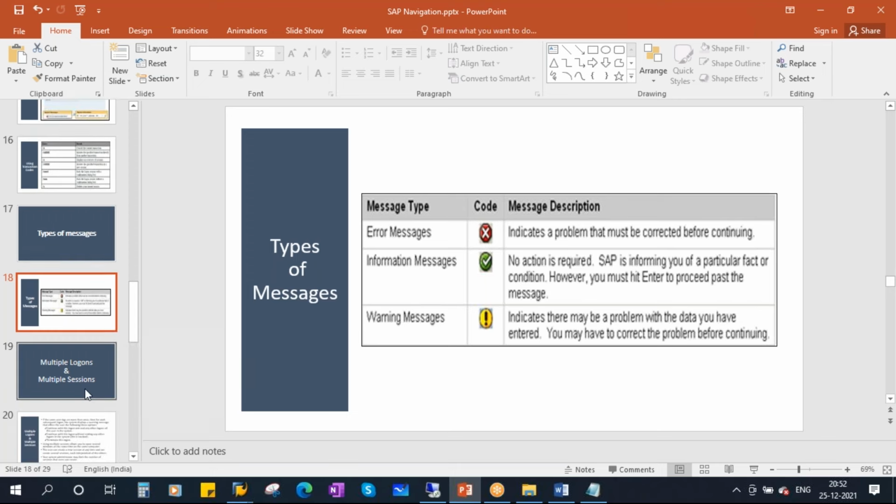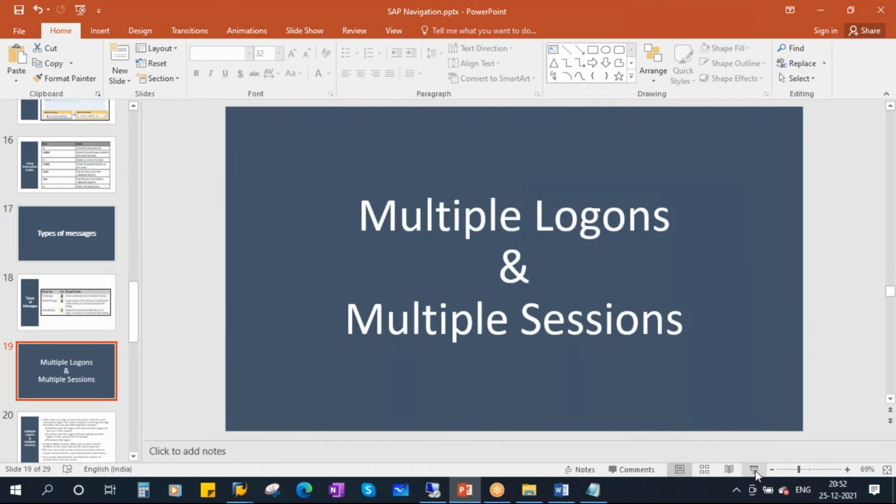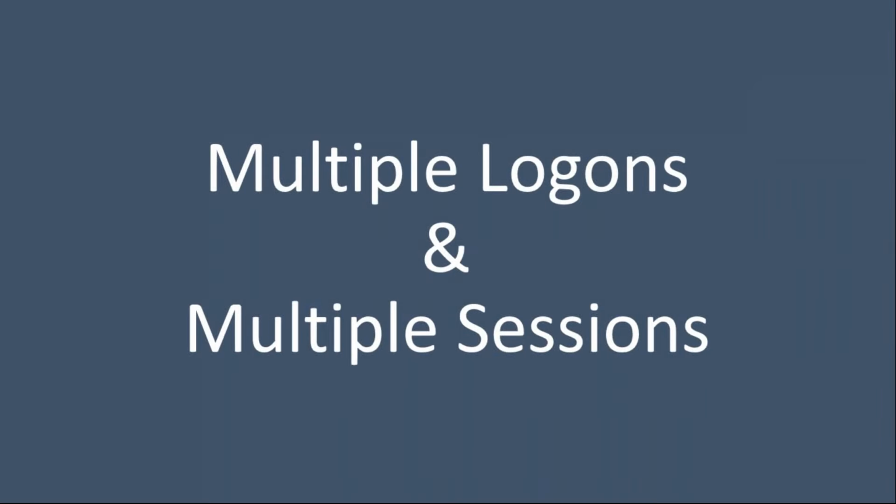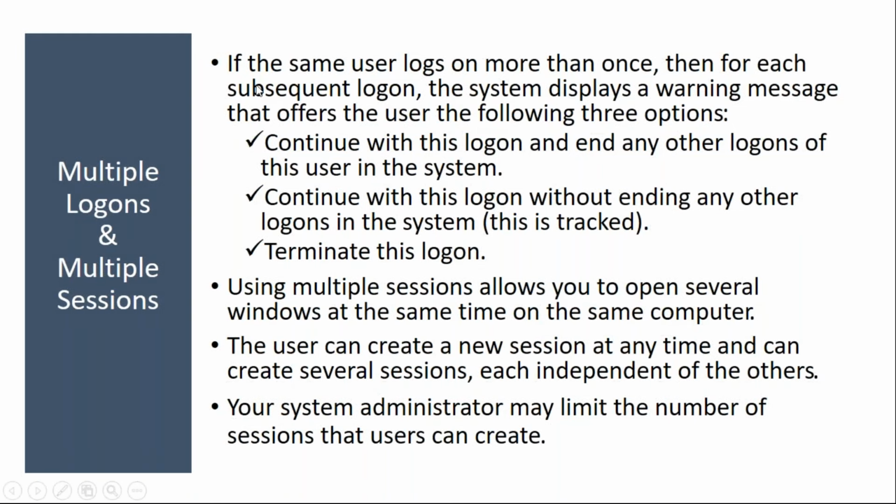Now we will talk about multiple logons and multiple sessions. If the same user logs on more than once, then for each subsequent logon, the system displays a warning message that offers the user the following three options.